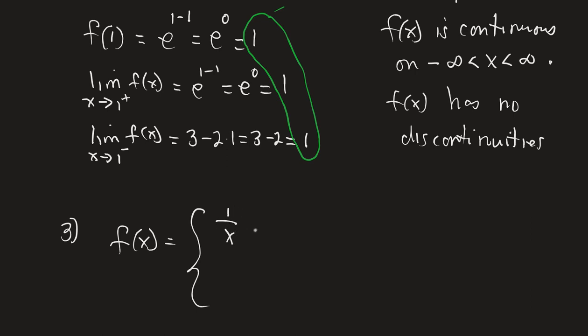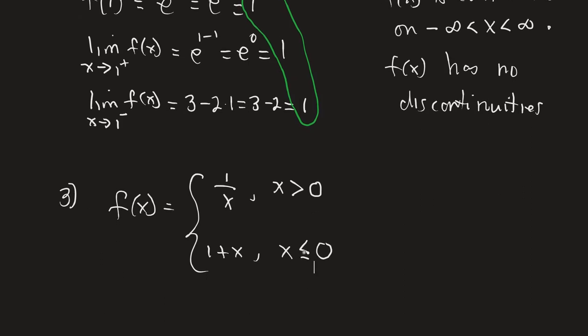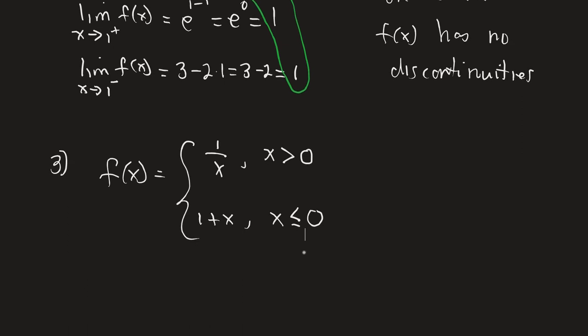So it's 1 over x when x is strictly greater than 0, and then it is 1 plus x when x is less than or equal to 0, right? So that's our function. Now let's look at the two pieces. We have a rational function, your simple reciprocal function, 1 over x, and then we have the linear function, 1 plus x.